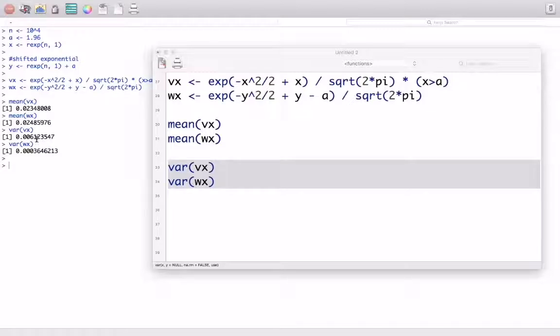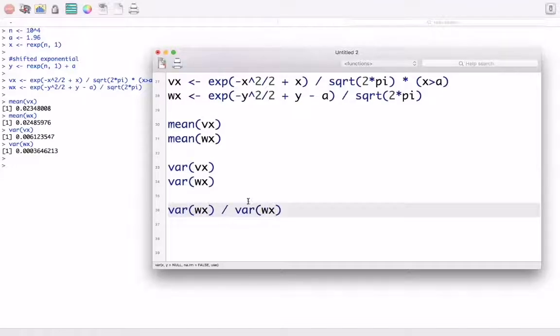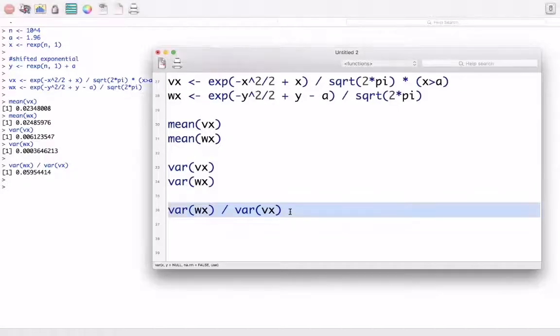So it's something like a factor of 20 smaller. So of course you can get it more precisely. So you just divide the variance of Wx by the variance of Vx. So this is 0.0595, right? So your new variance is just about 6% of the variance of the naive Monte Carlo estimator. So you managed to achieve how much of a reduction relative to the naive estimator?